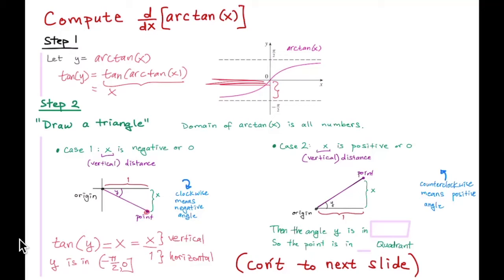And in the second situation, the angle y is going to be between 0 and pi over 2. Because when you look at the graph, when x is positive or 0, the value of arctangent is between 0 and pi over 2. So this point is in the 1st quadrant. And the case 1 is in the 4th quadrant.